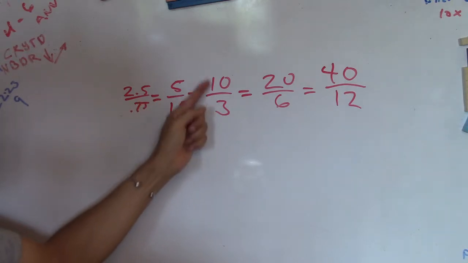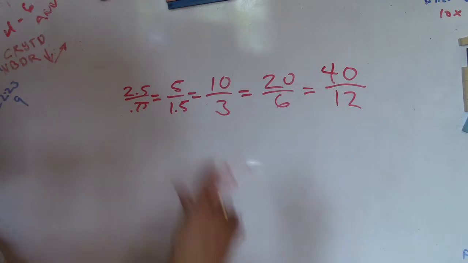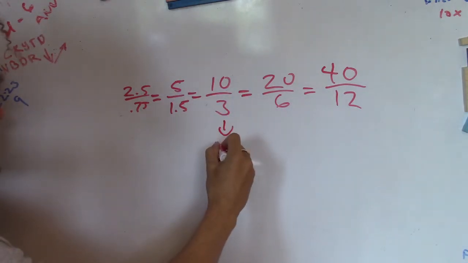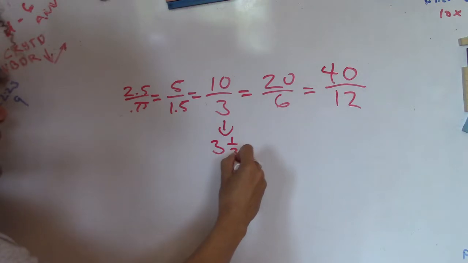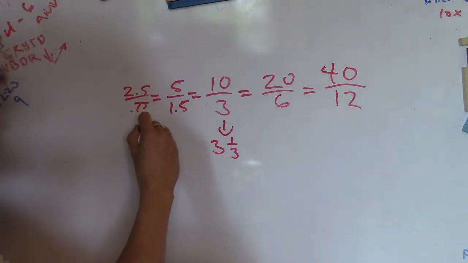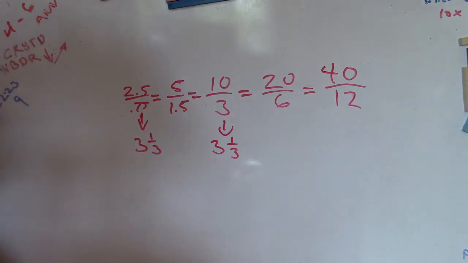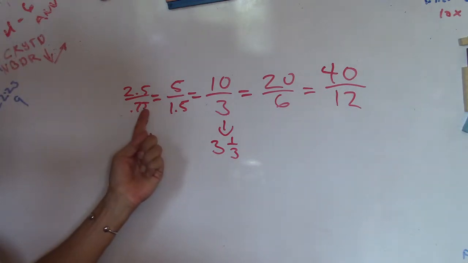But this is the easiest one right here. As we stay in whole numbers, it's just going to be the same thing as 3 1/3. And guess what? This is also 3 1/3. You can play with money on that one.